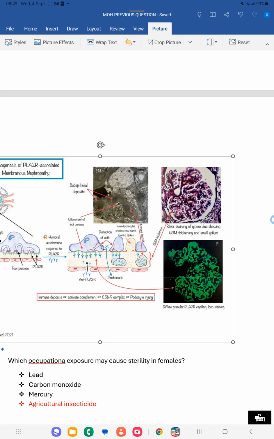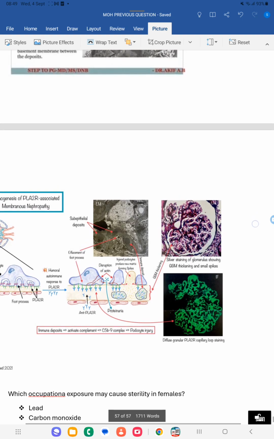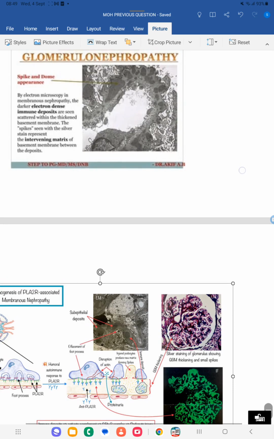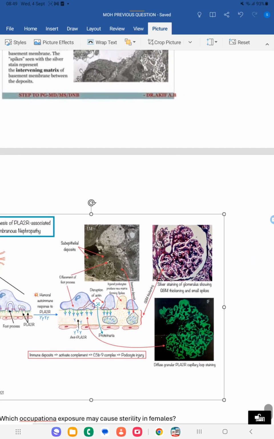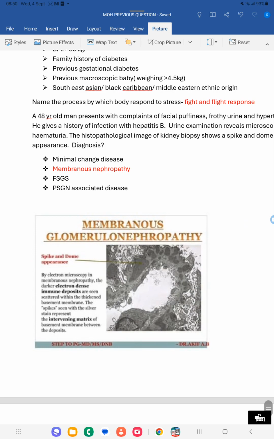This antibody comes and causes glomerular basement membrane inflammation, and through that way podocyte damage happens, and proteins start passing through the glomerular basement membrane. Inflammation will be there, and a spike-shaped structure is forming. That is typically seen in membranous nephropathy.